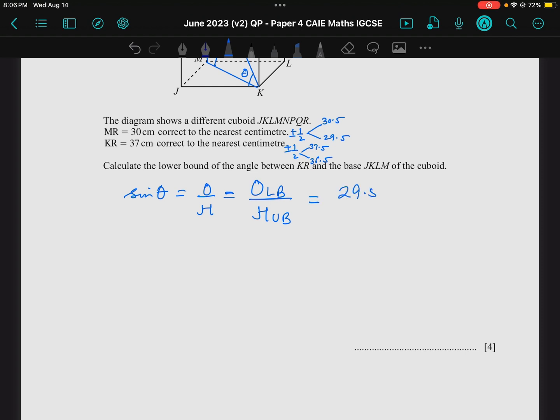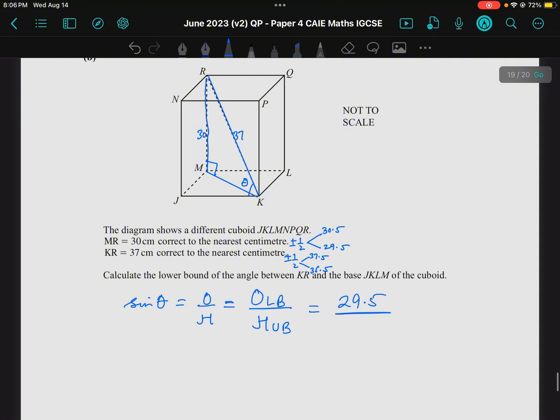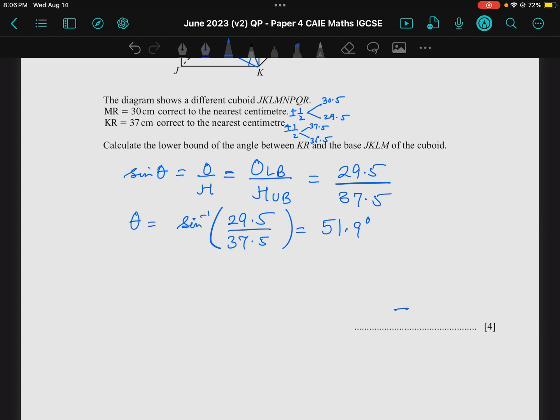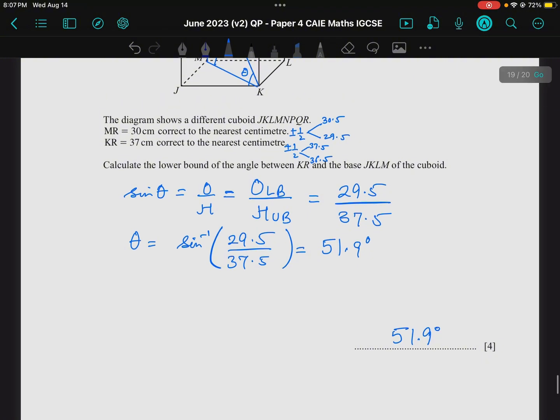So it will be 29.5 upon 37.5. So theta equals sine inverse of 29.5 upon 37.5, which will give me 51.9 degrees. This is your answer.